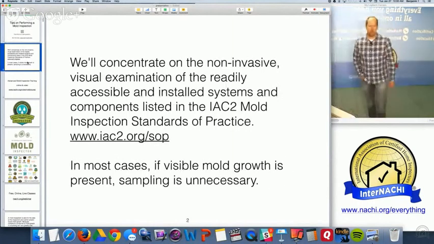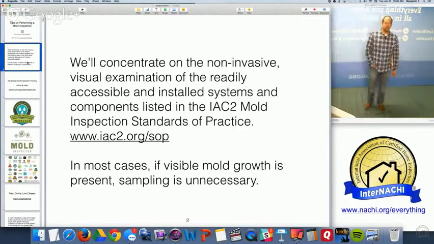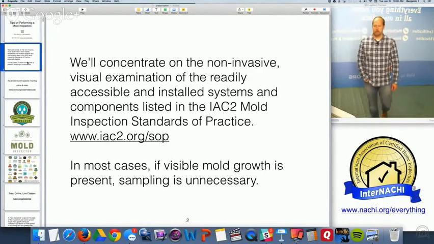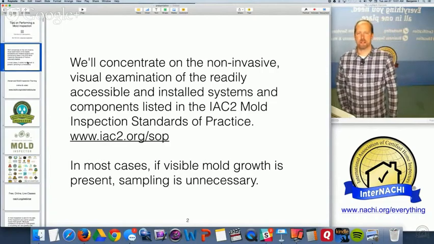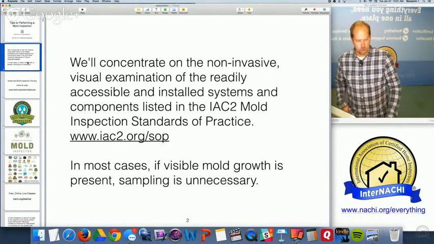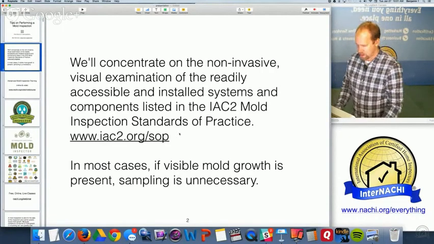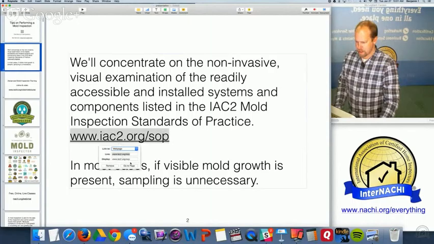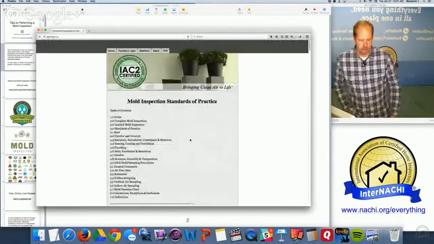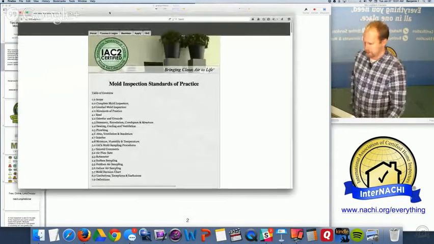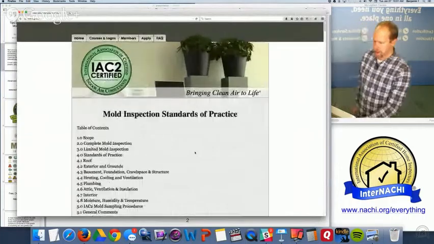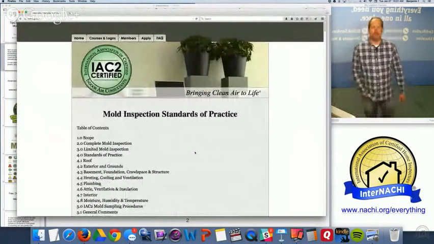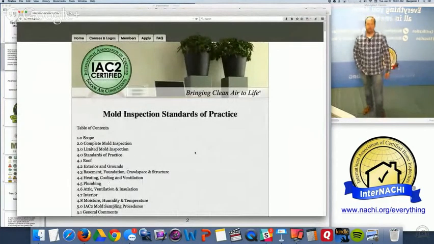And today we'll concentrate on the non-invasive visual examination of the readily accessible and installed systems and components listed in the IAC2 Mold Inspection Standards of Practice. Well, what's that? Well, let's go there. So IAC2 stands for International Association of Certified Indoor Air Consultants.